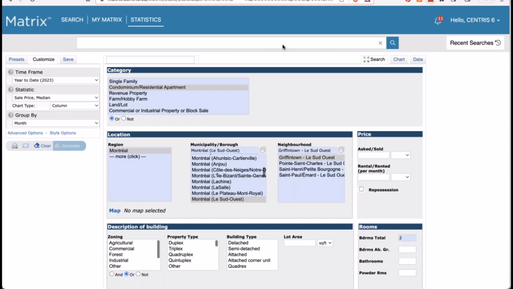Someone is asking me if the data can be exported into Excel. You cannot, unfortunately. I know that for a fact. And I'll get back to the other questions.